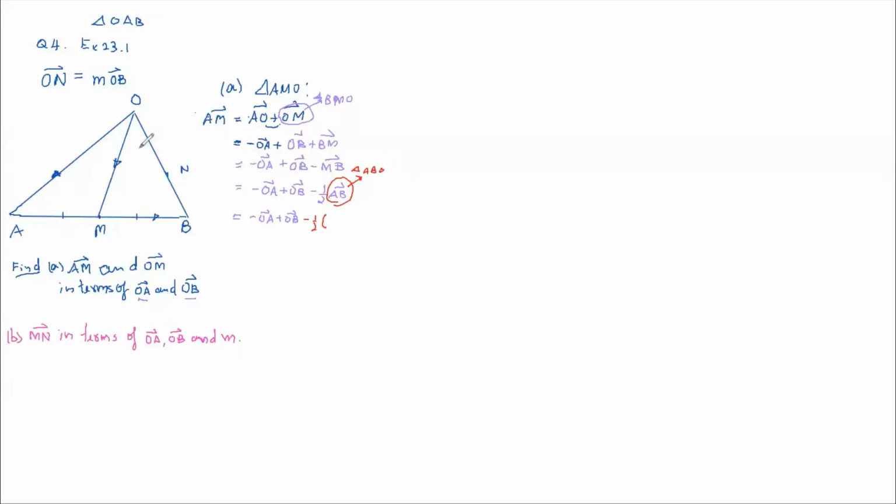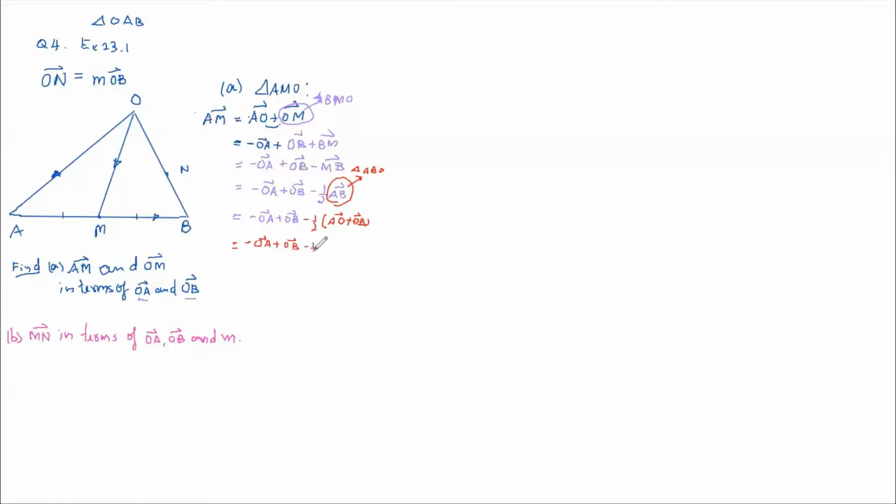Triangle ABO. So we start, it's AB, so we start from A. So become AO plus OB. And this one gonna be minus OA plus OB.